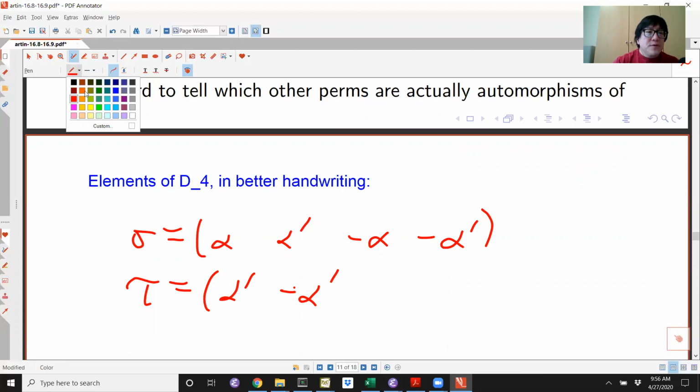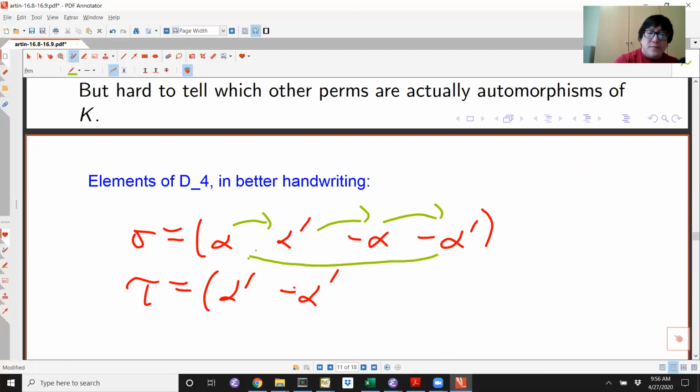So I hope that's a little better, right? Alpha goes to alpha prime goes to, so it's that cycle. And tau is that transposition.